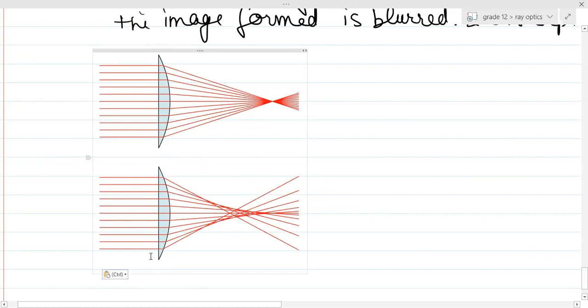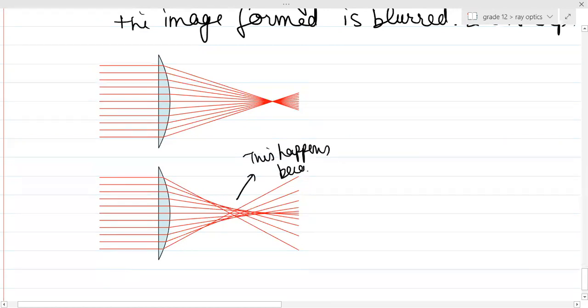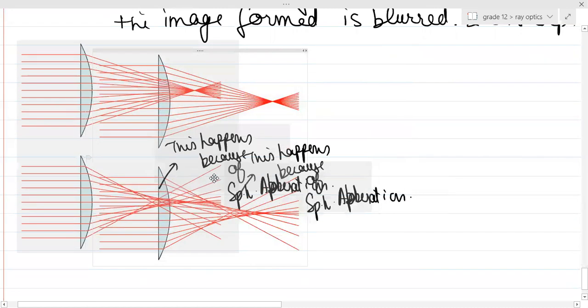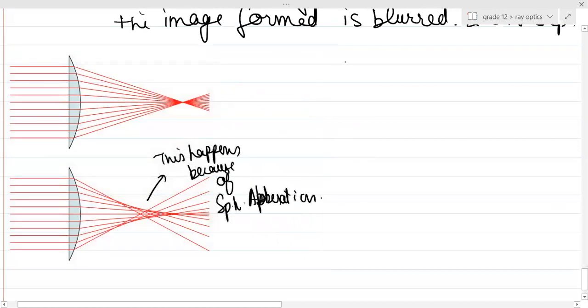But if the lens is big, then due to aberrations, this will happen. Can you see this? This happens because of spherical aberrations. Is spherical aberration clear?